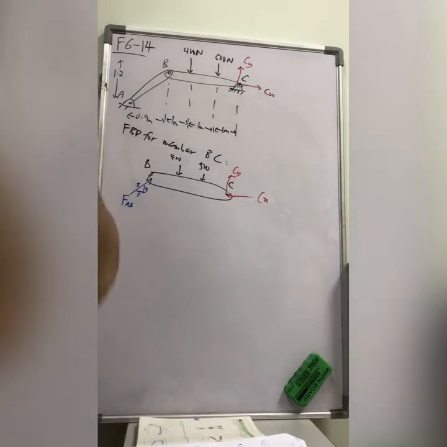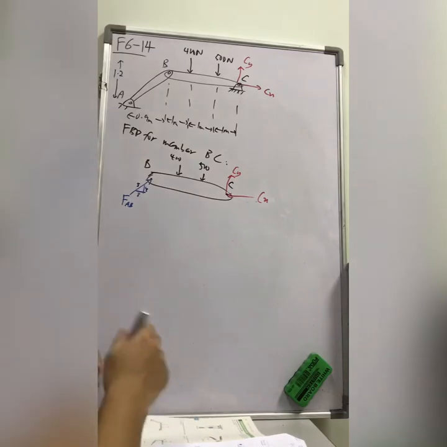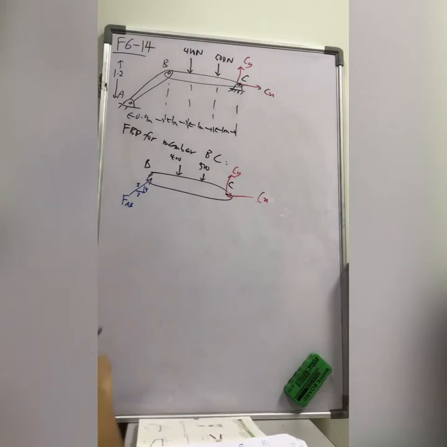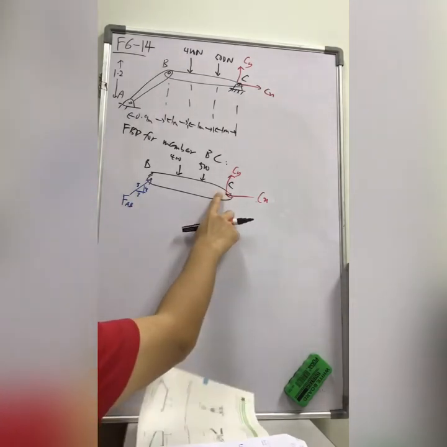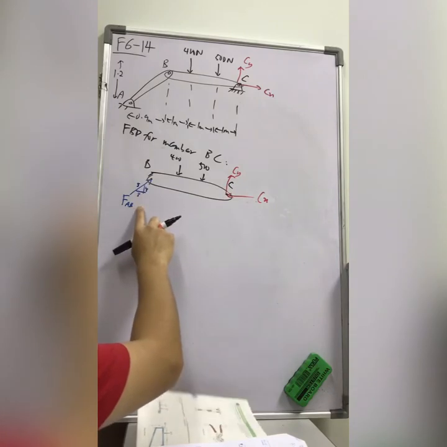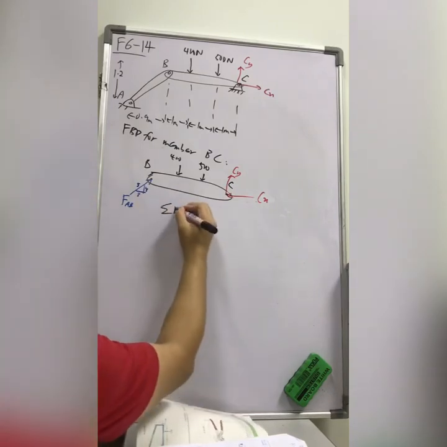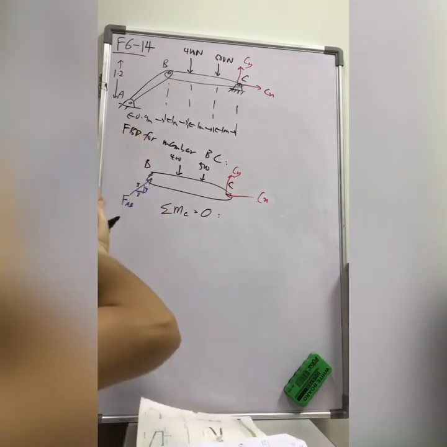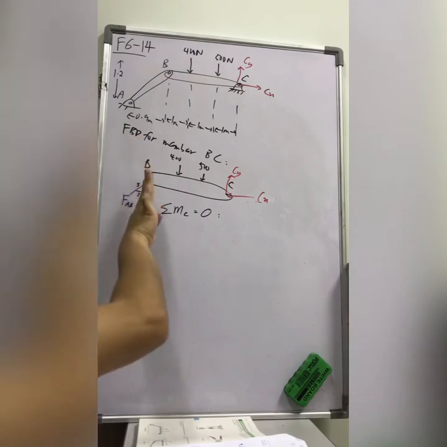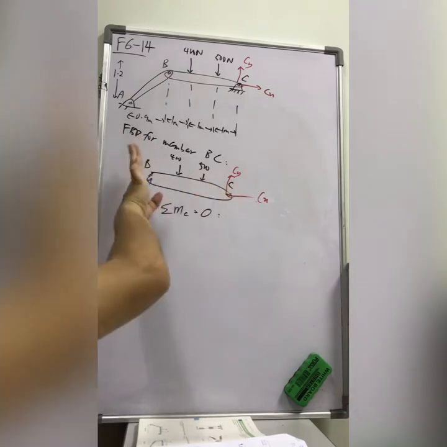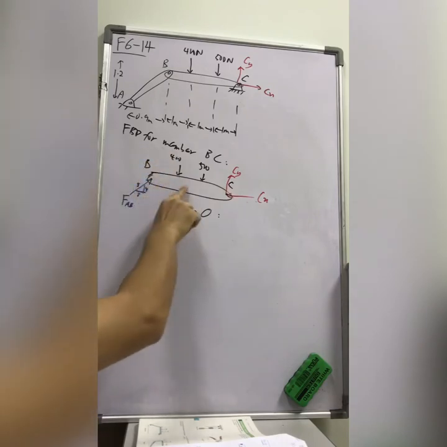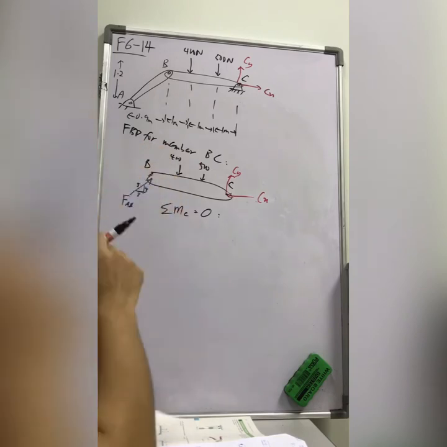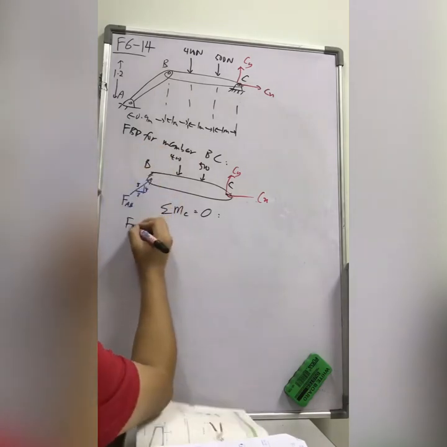Now we can solve this. What do we want to do first? If you take moment about point C, then you can find FAB directly. That's the strategy. Doing moment about point C equals 0 gives you FAB, the vertical component of it, times the total arm, 3 meters, which turns clockwise.